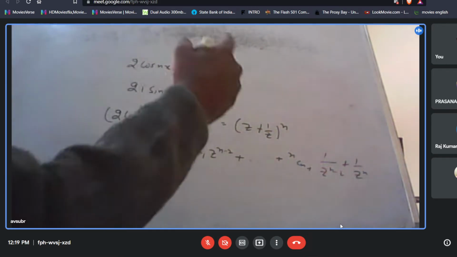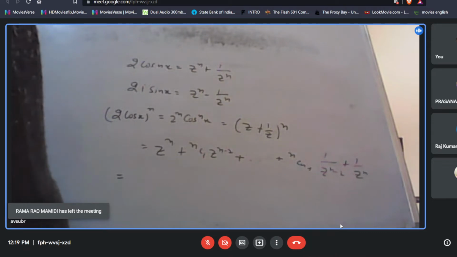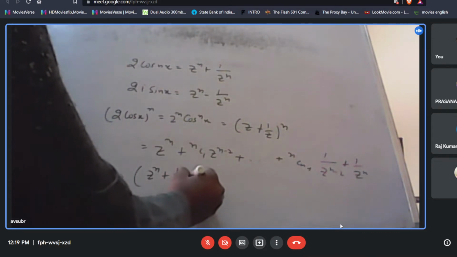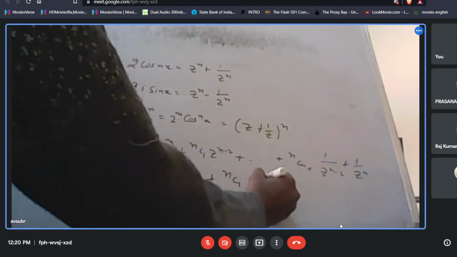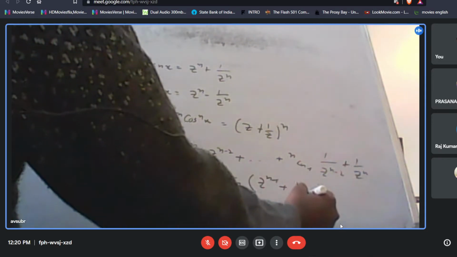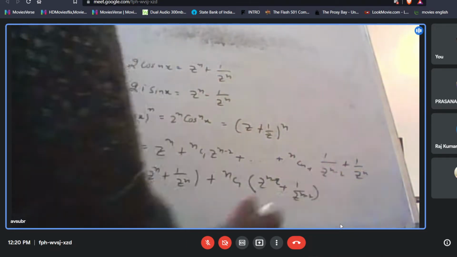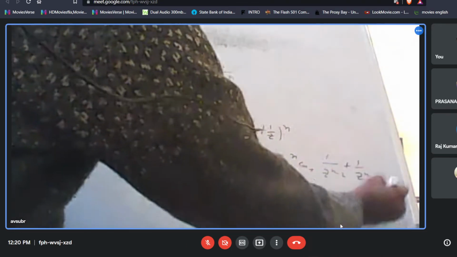You know how to calculate nC1, nC2? So it is z to the power n plus 1 by z to the power n, plus nC1 into (z to the power n minus 2 plus 1 by z to the power n minus 2), and so on and so forth.